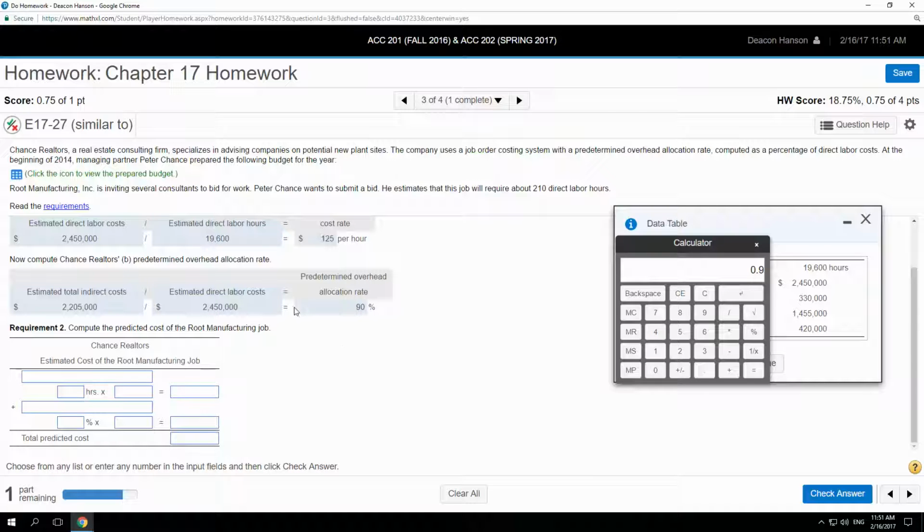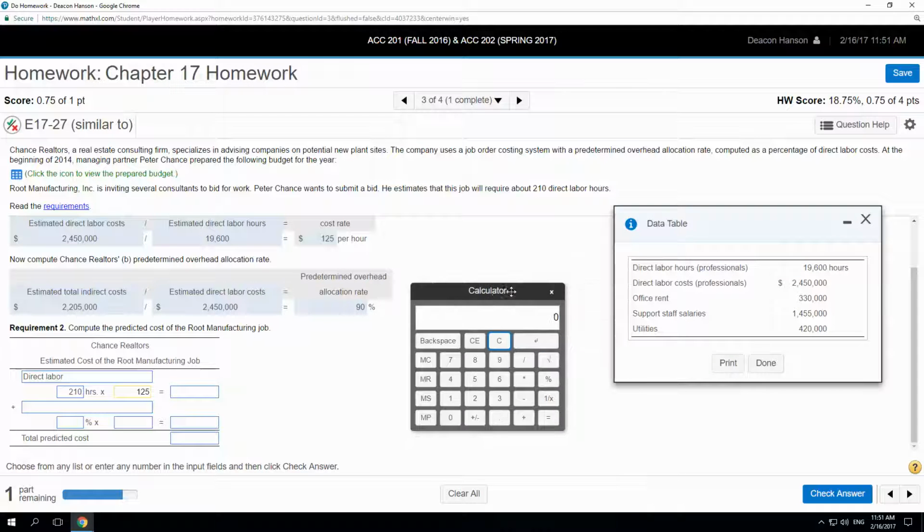And in this problem, the direct labor is an estimate as well, because they're going to take the estimated hours of 210, because he estimates 210 direct labor hours, and they're going to multiply it by that rate that we figured out up here, the $125 an hour, and that's going to give you the estimated direct labor cost.